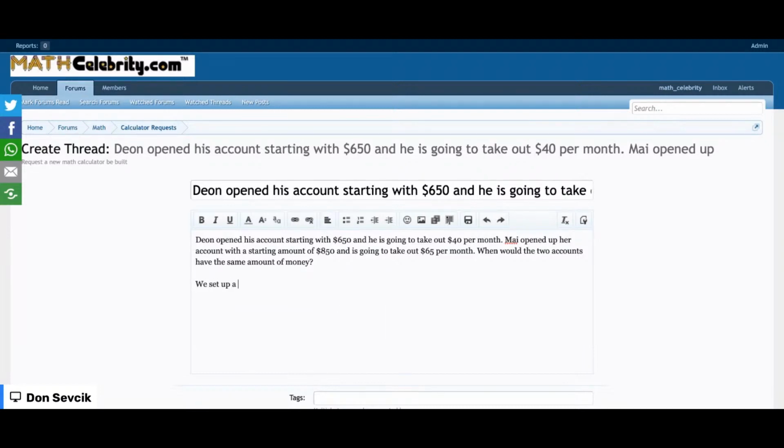We set up a balance equation B of M, where M is the number of months. Set up Dion's balance equation. We've got B of M equals starting balance minus withdrawal amount times M for months.